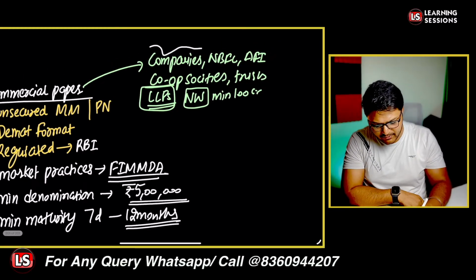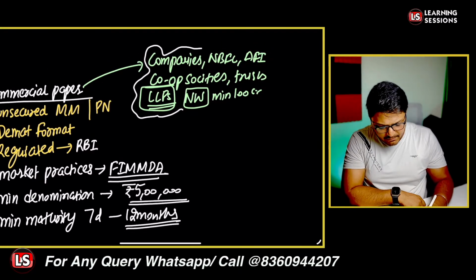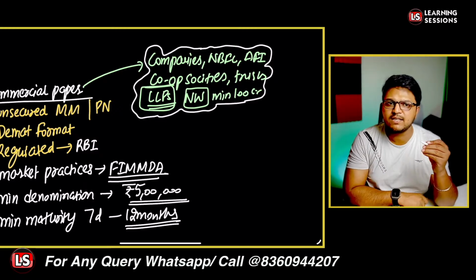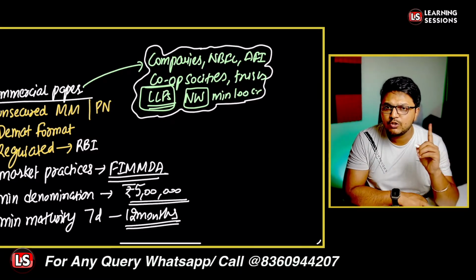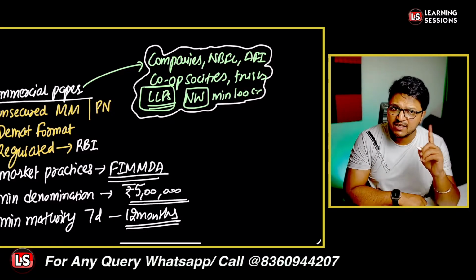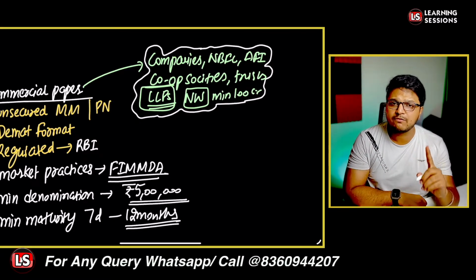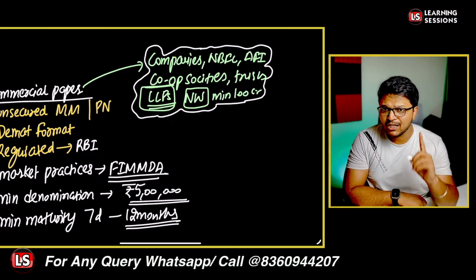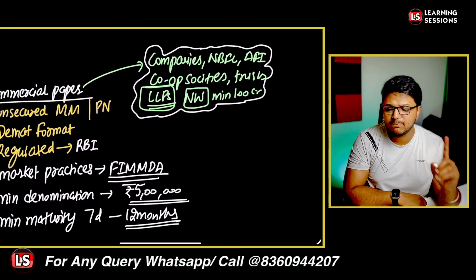Let me just reiterate. So the companies, NBFCs, all India financial institutions, cooperative societies, trusts, unions, and limited liability partnerships which have a presence in India and a minimum net worth of 100 crores can also be issuing commercial papers, right?